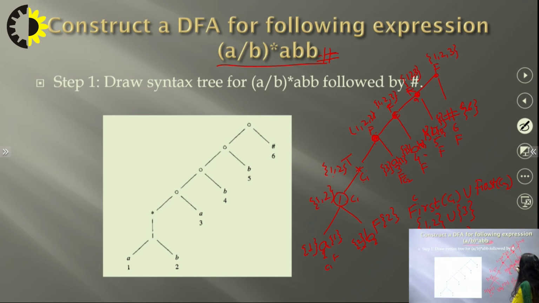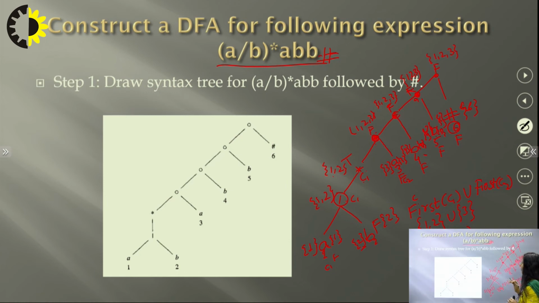For this node, that is B at position 4, the first pos is 4 as well as the last pos is also 4. And next B with position 5, first pos is 5 and the last pos is 5. Now, the last leaf node is the hash symbol with position 6. So, first pos and last pos is always 6. So, we have computed the first pos as well as the last pos for all the leaf nodes.